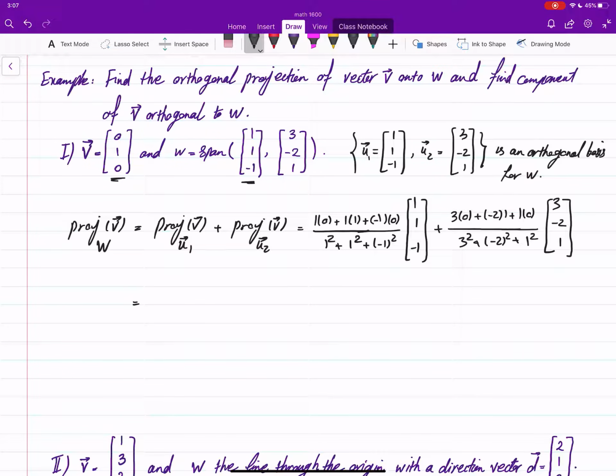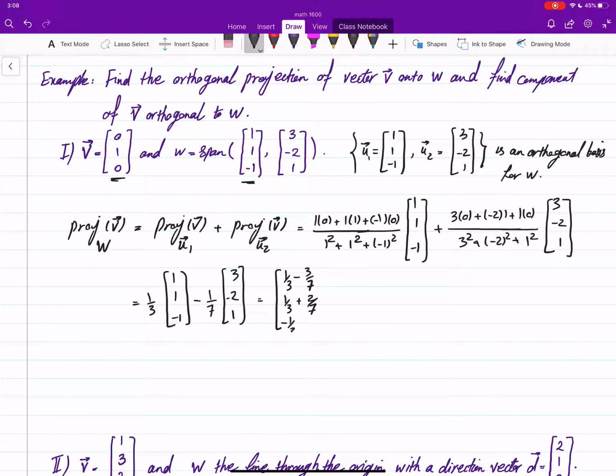Okay, here is 1 over 3 multiplied to U1. And over there is negative 2 over 14, which means we have negative 1 over 7 multiplied to U2. And that gives us what? This is 1/3 minus 3 over 7. Here's 1/3 plus 2 over 7.